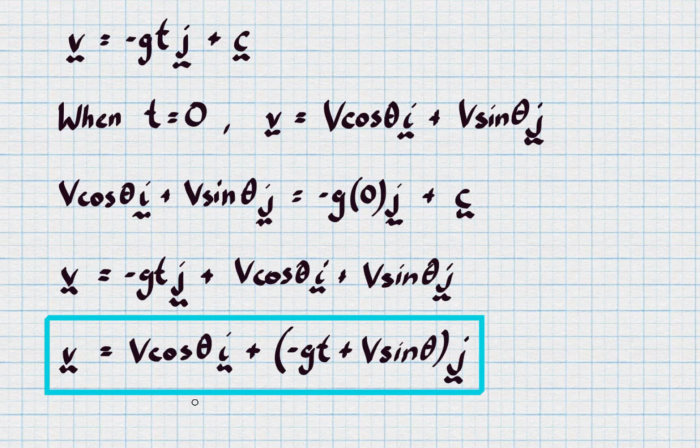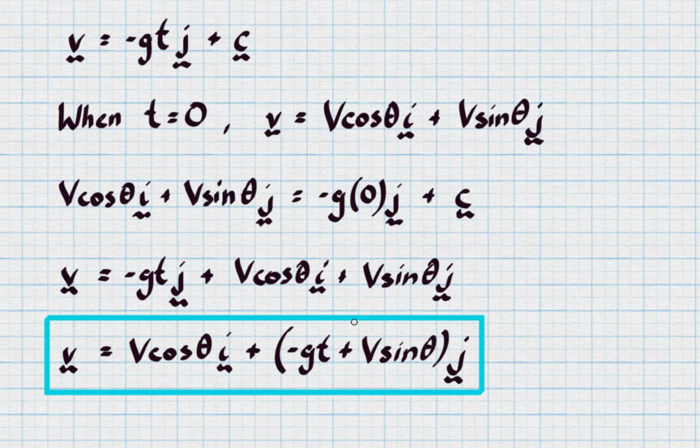Just spending a bit more time now analysing this equation and matching up the algebra with what we already know to be true. This horizontal component here does not have t in it, right? The horizontal component is independent of t. Okay, so that just further confirms that at no point in time will this change.